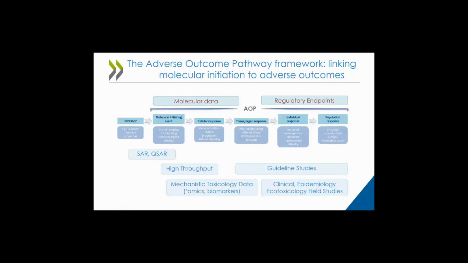In this way, all these types of disparate forms of data can be related to each other and turned into knowledge about a particular biological process.